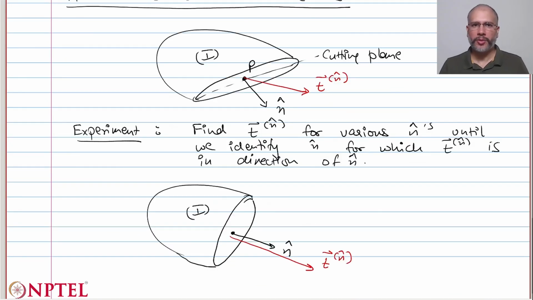So when that happens, the normal and the traction vector both are pointing in the same direction. In this situation, where we have the traction vector pointing in the n hat direction, we can write it as some scalar component lambda times n hat.